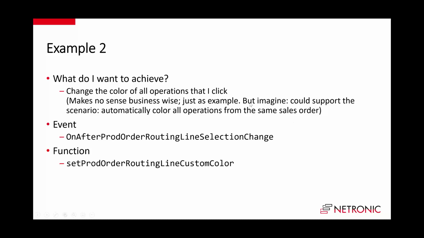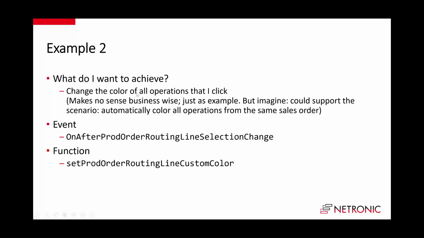But imagine the same could support the scenario, hey, automatically color all operations from the same sales order. We just didn't implement this function in our sample app because we actually used the sample app also to do a lot of debugging and testing. So the sample app that I've installed is not a business app that enhances my VPS, but it is a sample app to show some functionalities and what can be possible.